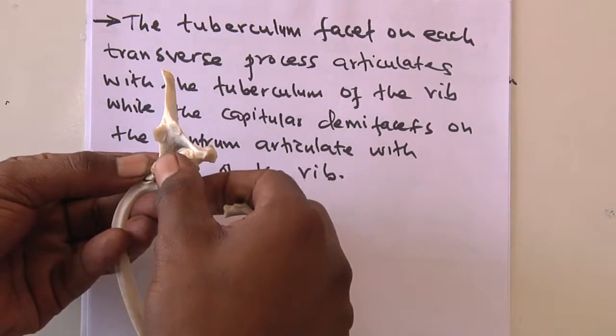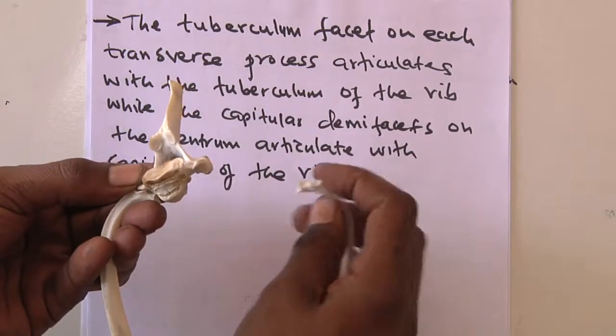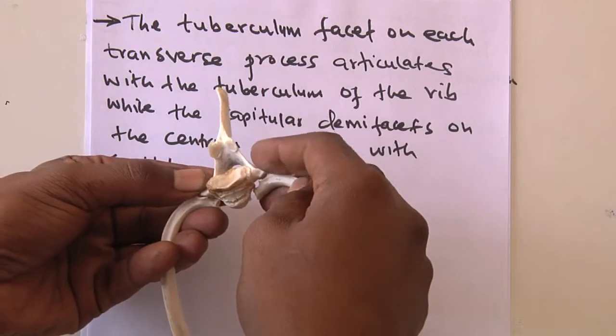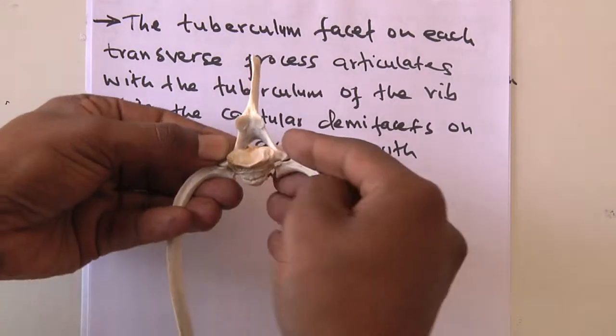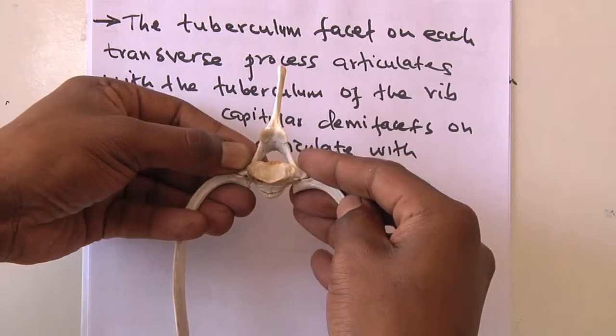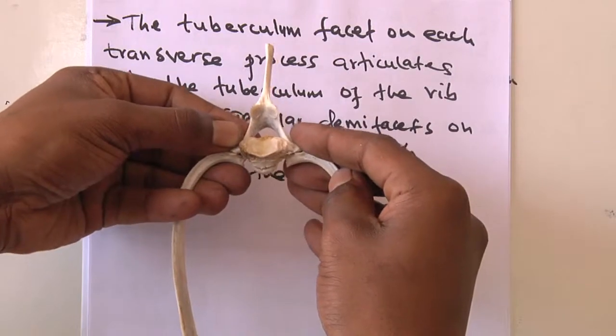Okay, this is the structure of the centrum. Articulates with the capitulum of the rib. This is the capitulum of the rib. So that articulation goes like that. So you can be able to see the articulation of the thoracic vertebrae and that one of the ribs.